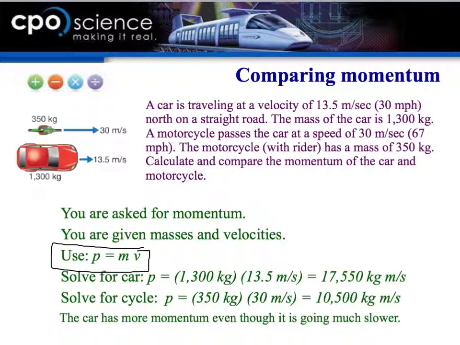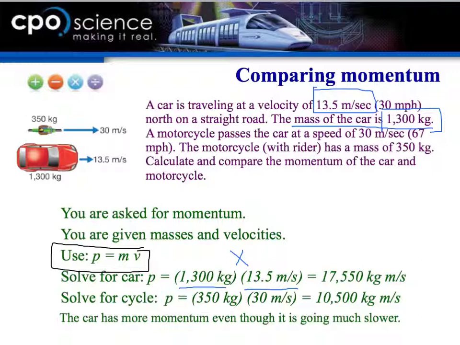And first you're going to solve the momentum for the car. So in our word problem, we can see that the mass of the car was 1,300 kilograms and its velocity was 13.5 meters per second. So therefore, we are going to multiply 1,300 kilograms times 13.5 meters per second.